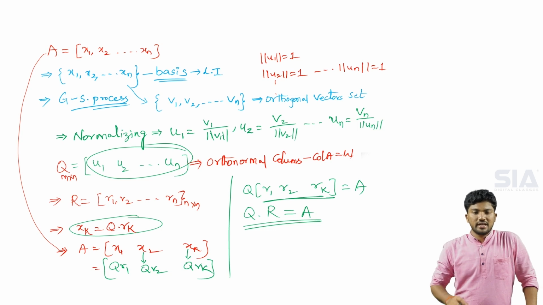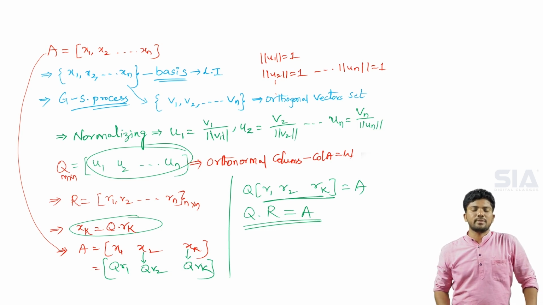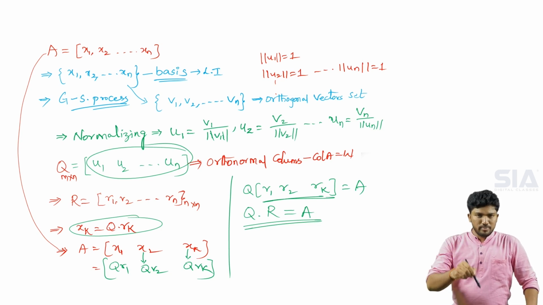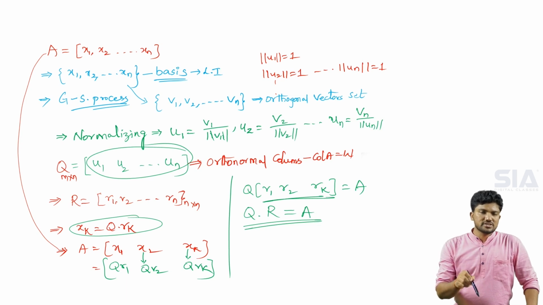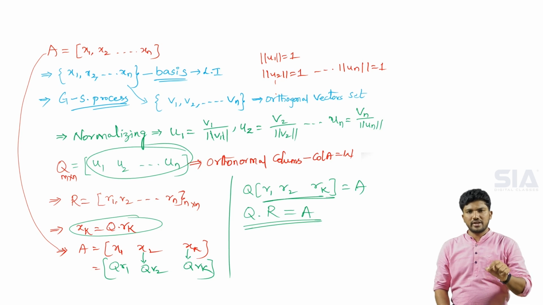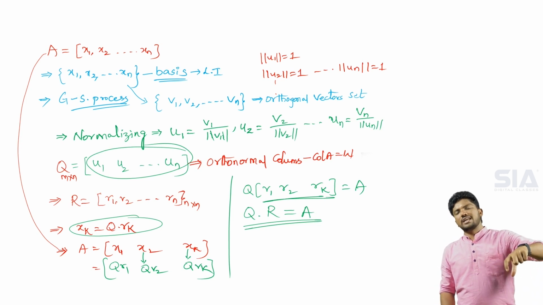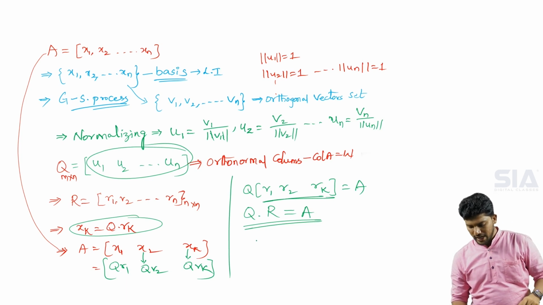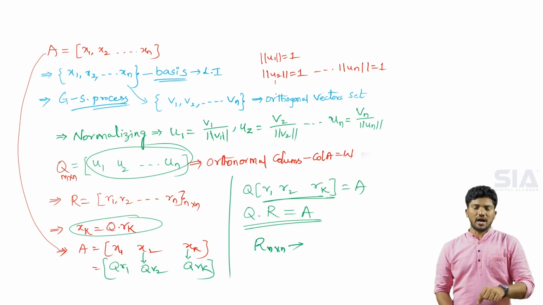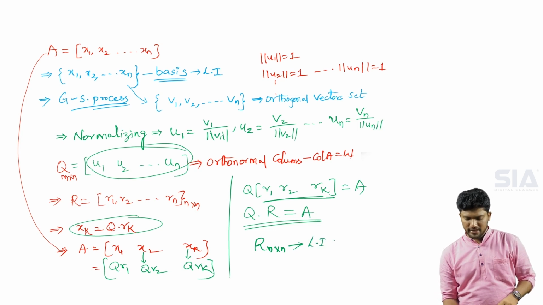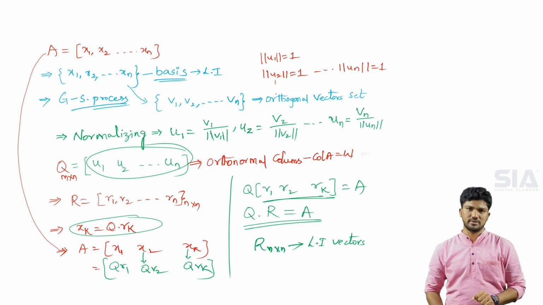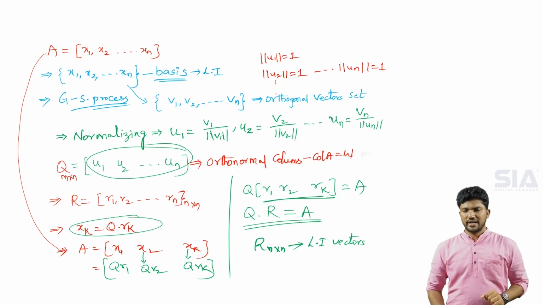Now our aim is to prove that capital R is an n by n upper triangular square invertible matrix having positive entries on its diagonal. Instead of proving the total lengthy process, capital R is already an n by n matrix. We prove that capital R has linearly independent vectors by the null space of capital A definition.